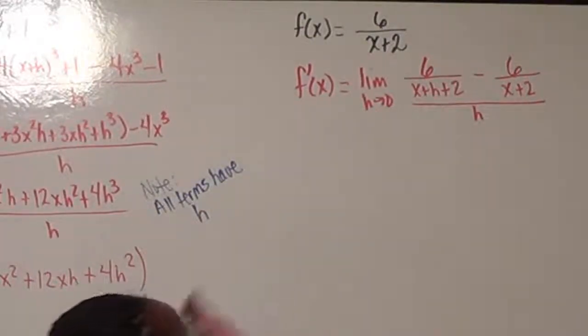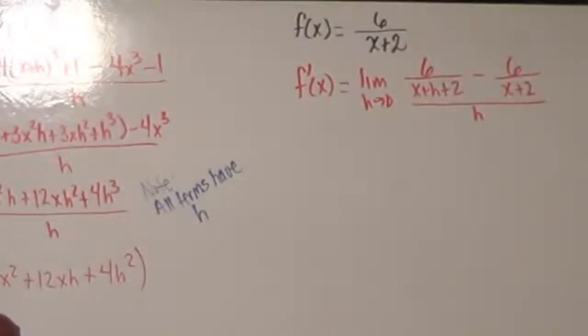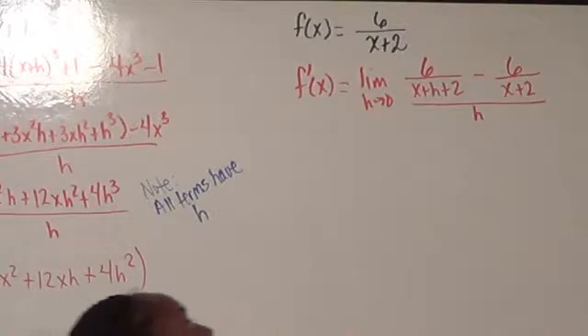Okay. Now for this one, one of the things to notice is I have a complex fraction. I've got two separate denominators in there, and in order to simplify, I have to somehow get rid of those denominators. Again, one, the h, because as h goes to 0, this becomes undefined, but the others because I need to simplify.